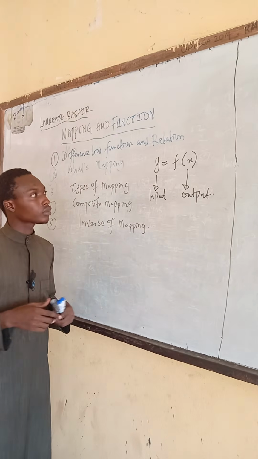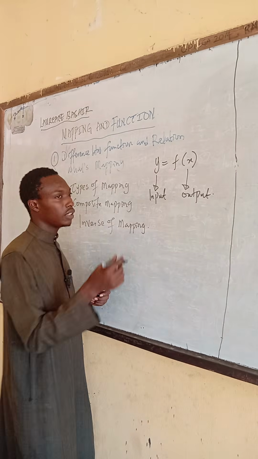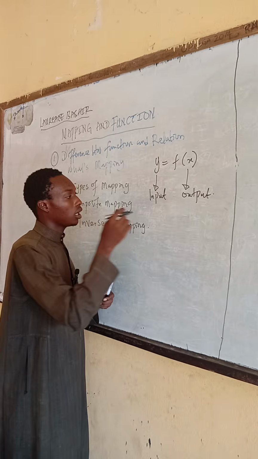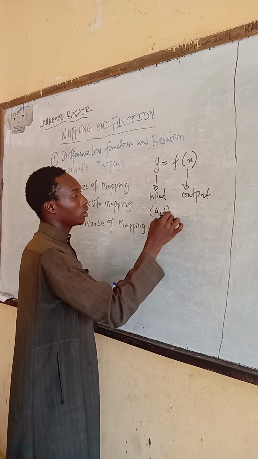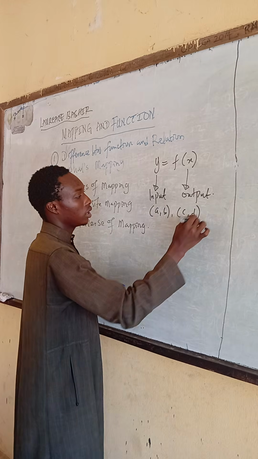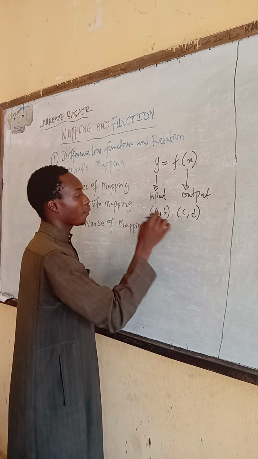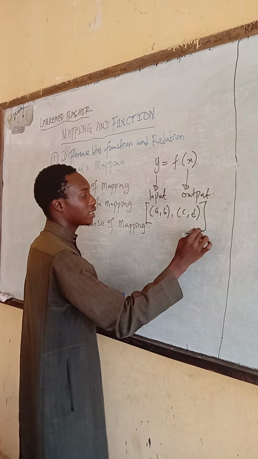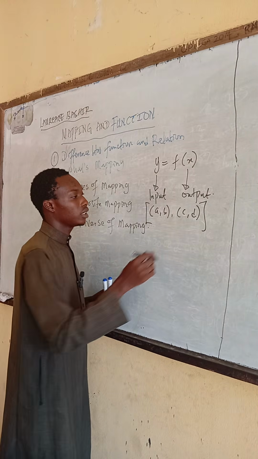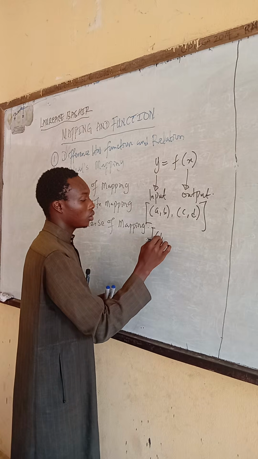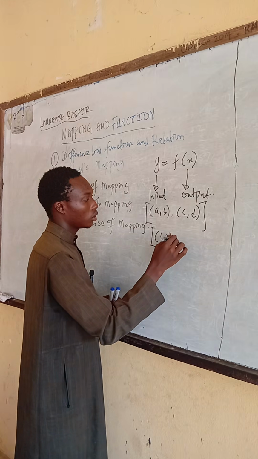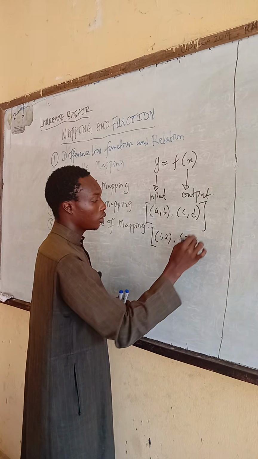For example, let's say I give you something like this: a, b, c, d, for this particular set. Then I also have another one, which is 1, 2, 3, 4.